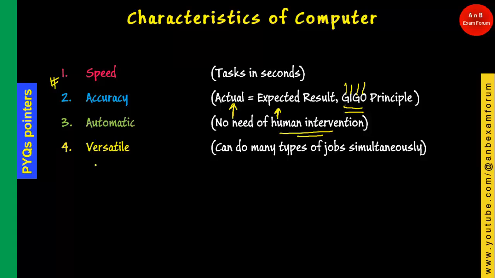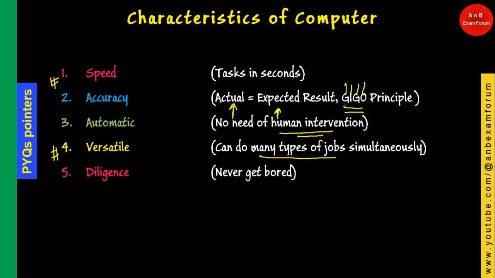A computer is versatile and can do many types of jobs simultaneously. We can also do things simultaneously, but our limit is very low, whereas a computer can do a lot of things simultaneously. So versatile means it can do multiple jobs simultaneously.